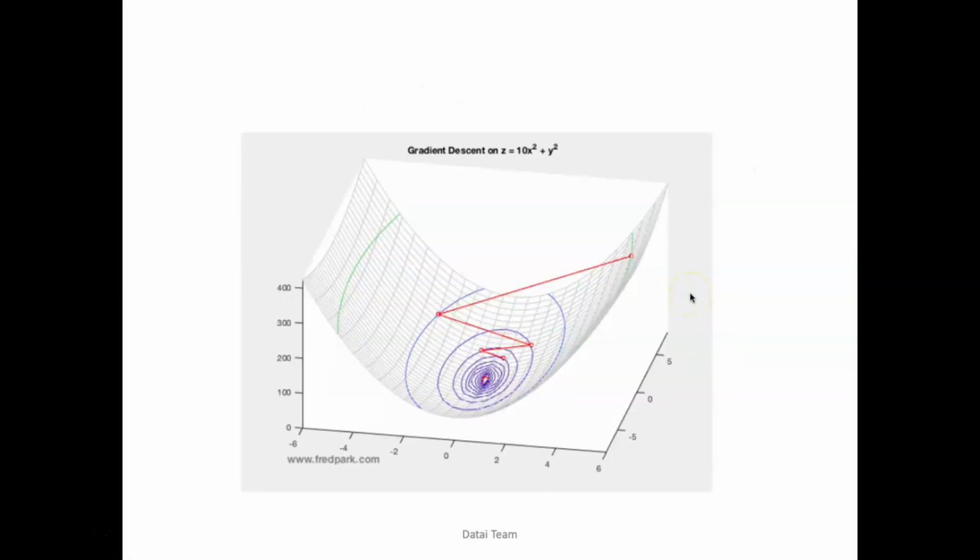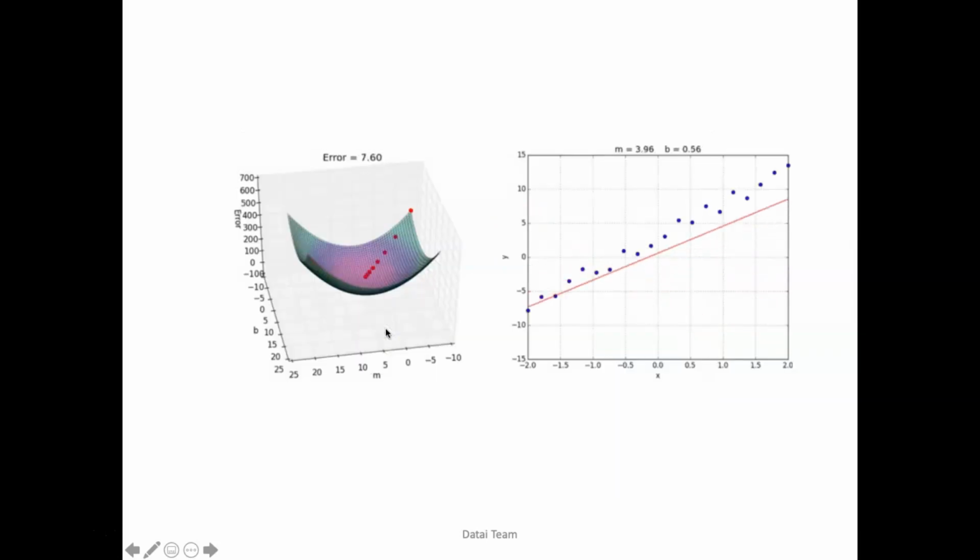In neural networks, if we have multiple features, we get multiple dimensions because we have more inputs. So to get the global minimum, we use partial differentiation. Here you can see that to find this lowest point here, we take the derivative with respect to both x and y. And we have another example here.